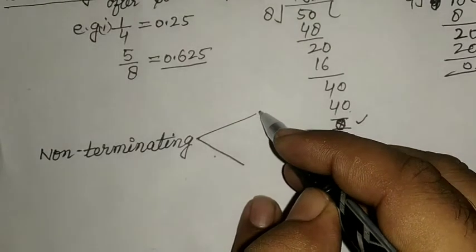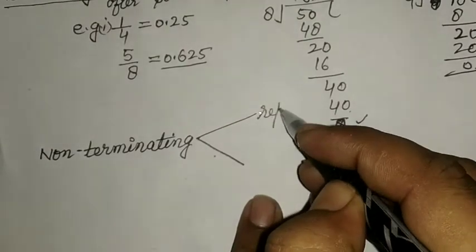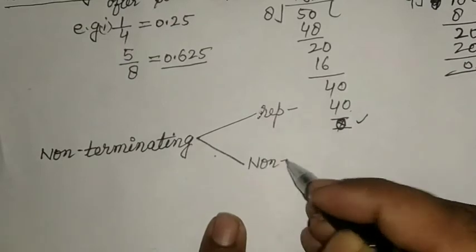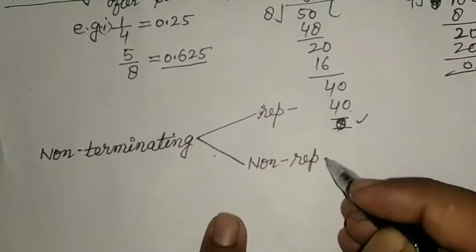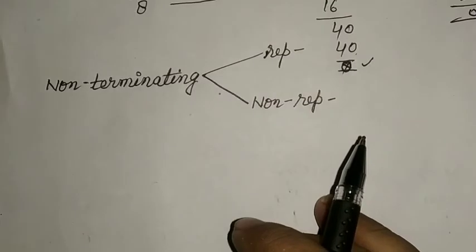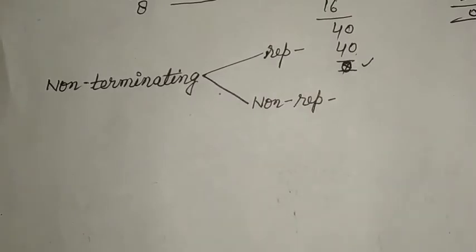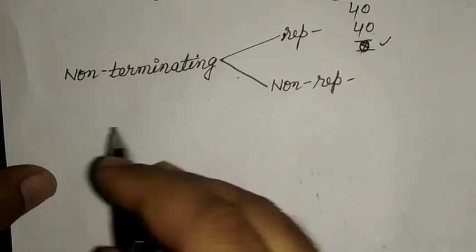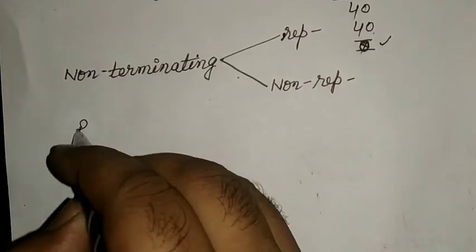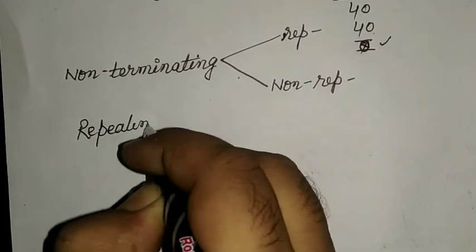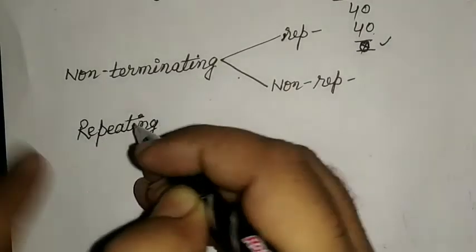First is repeating and second one is non-repeating. First we will see what is repeating. Let's see one example for this.